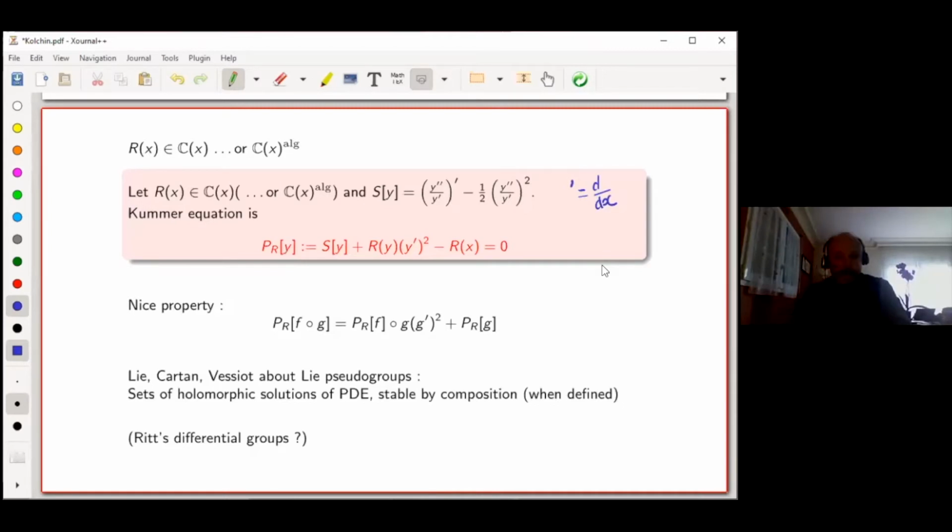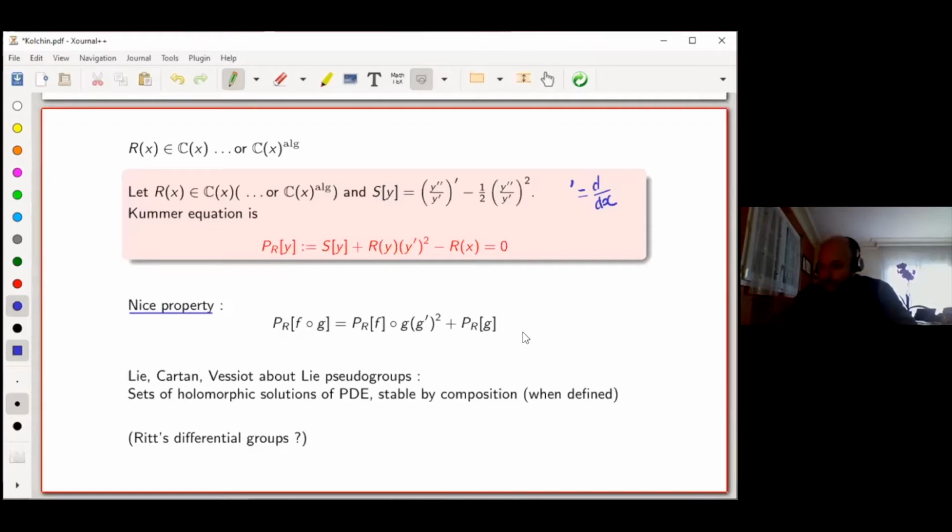I made this equation because of this very nice property: this equation in this particular form is compatible with composition of functions. If you evaluate this operator PR on a composition of two functions, you get such an equality, which in some sense generalizes the same equality for the Schwarzian equation. If you put R equal to 0, PR is just the Schwarzian derivative, and you may remember that the Schwarzian derivative satisfies something like that.